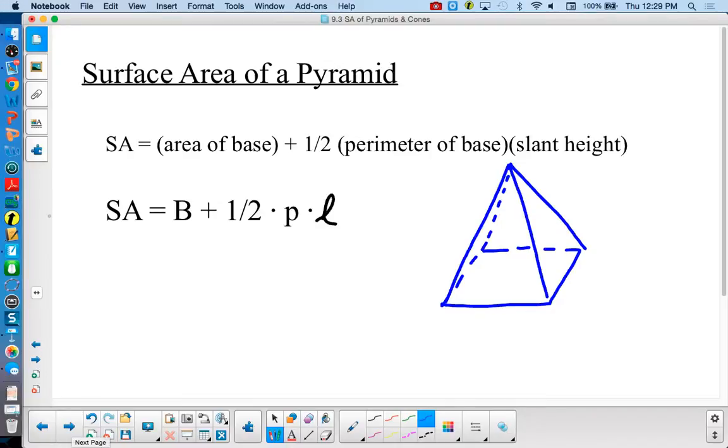If that's a square-based pyramid, let's make the base an 8 by 8 feet. And the slant height, which I'll draw here, is going to be 14. Find the surface area. How much would it take to cover that whole thing?